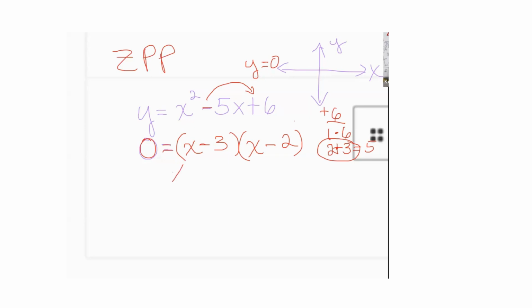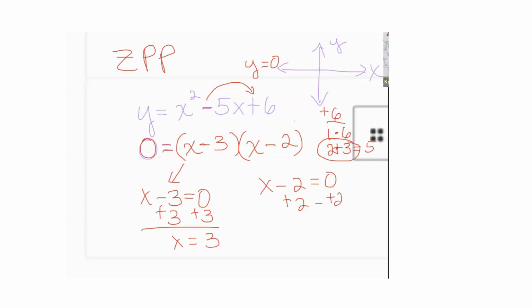That means we're going to go x minus 3 equals 0, and x minus 2 equals 0. If we solve both of those, we get x equals 3 for that one, and for this one, we get x equals 2.